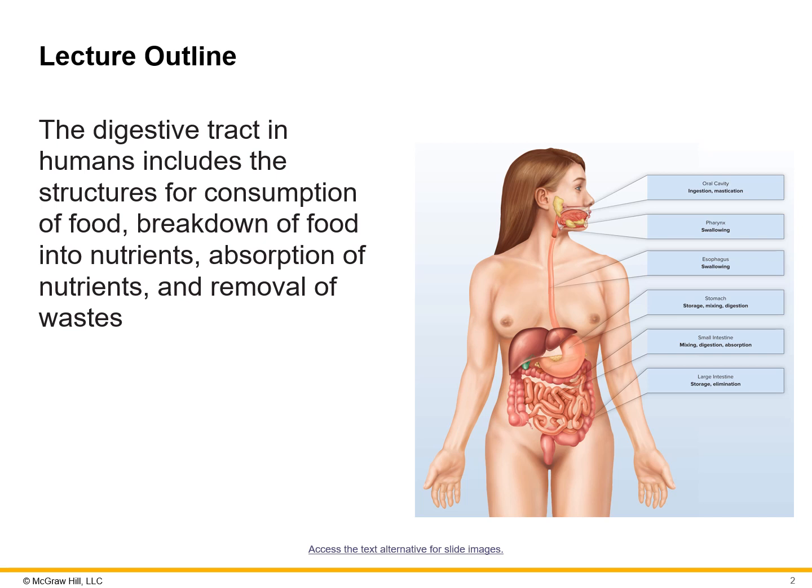Step two is that these molecules or nutrients are then absorbed into your bloodstream. And then the final step, whatever is not absorbed into your bloodstream is excreted and is considered a waste.